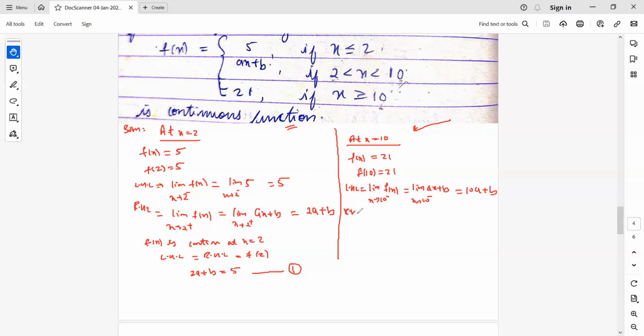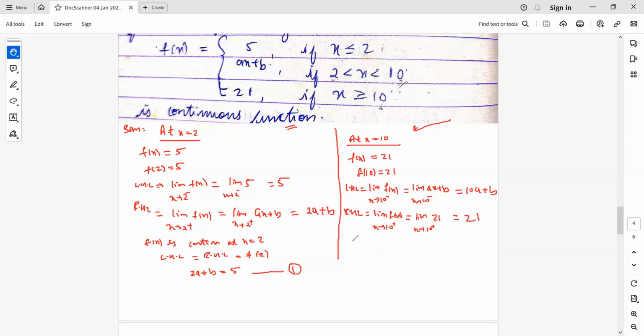In the RHL, we need limit of f of x as x tends to 10 plus. When it is greater than 10, the value of the function is again 21. So this will be equal to limit of 21 as x tends to 10 plus, which is again 21.